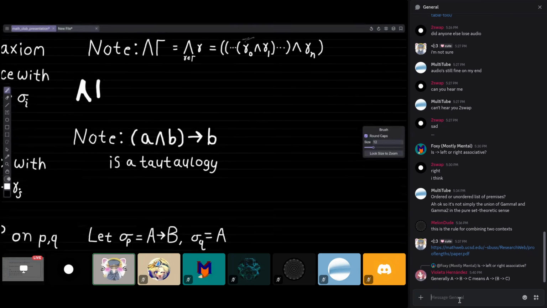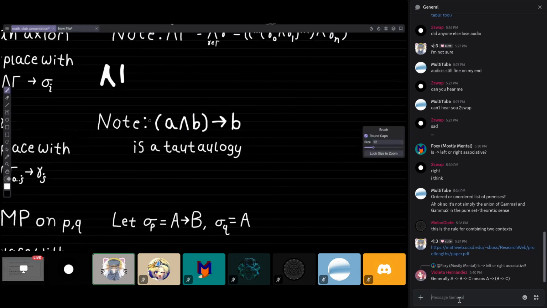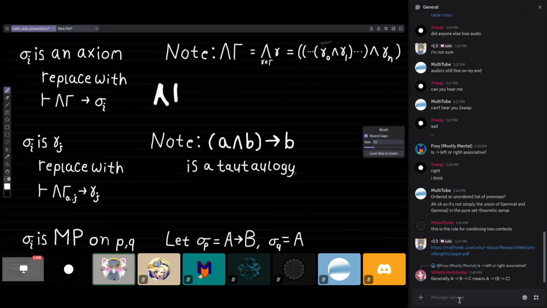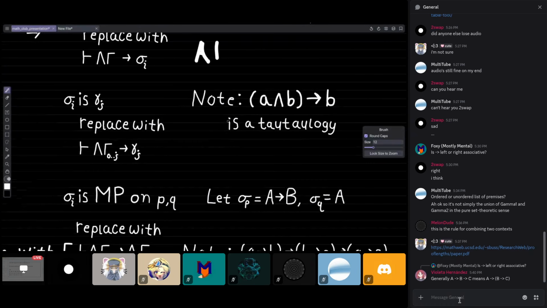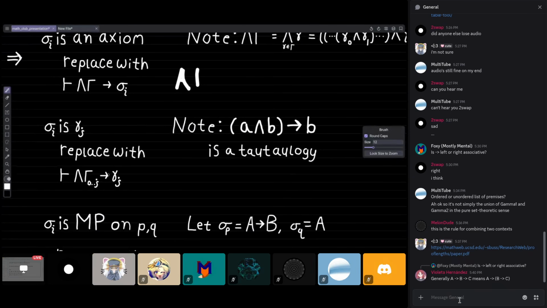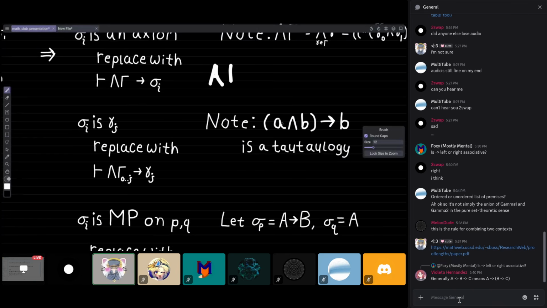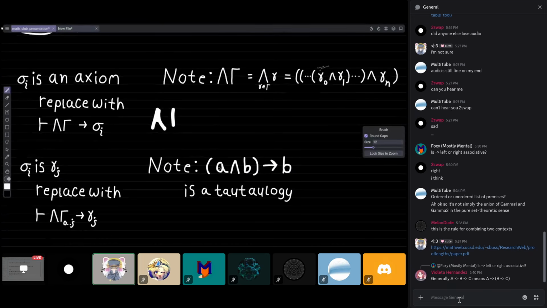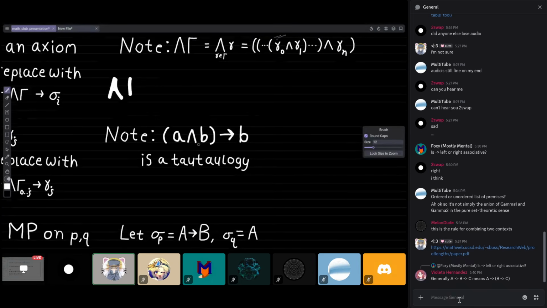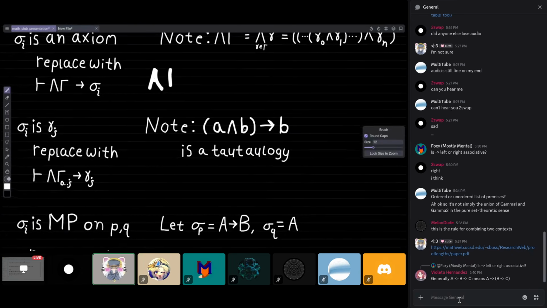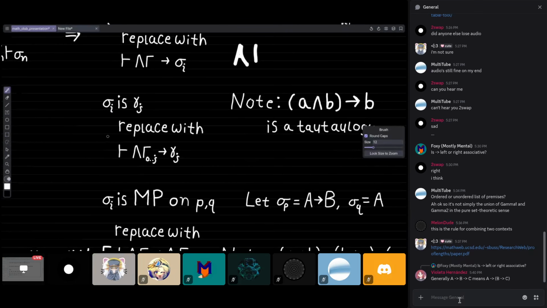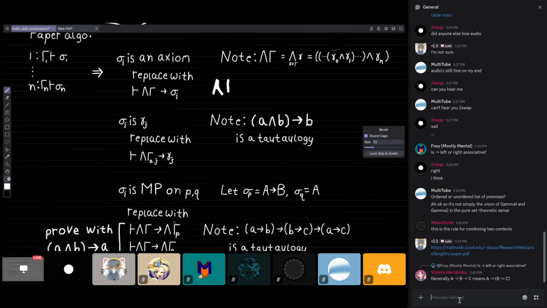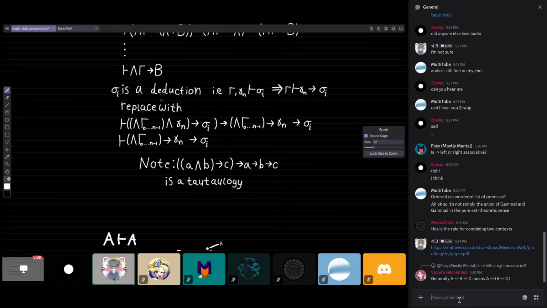Note that A and B implies B is a tautology, so we can prove it in our Hilbert system. The idea here is that A is the conjunction of gamma from 0 to j minus 1, and B here is gamma j, implies gamma j. So that's what the paper would have you replace it with. I'm going to skip that step for now.